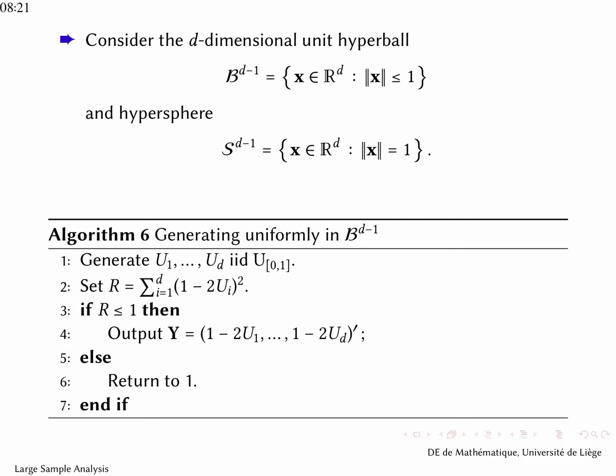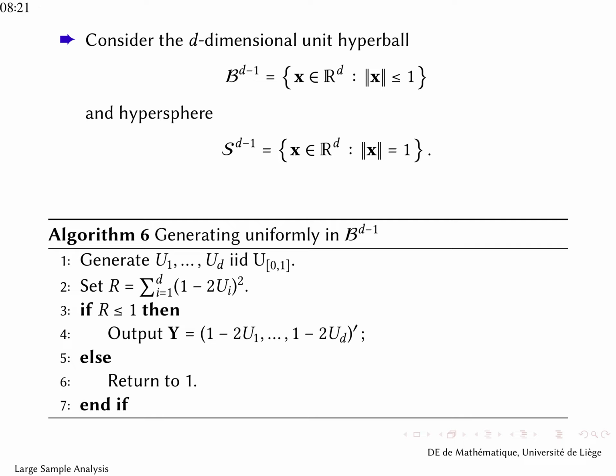We know that such a d-dimensional unit hyperball or hypersphere is contained in a d-dimensional hypercube, for which each of the edges takes on values between -1 and 1. With this in mind, we can define an algorithm to generate numbers which are uniformly distributed in the d-dimensional unit hyperball.